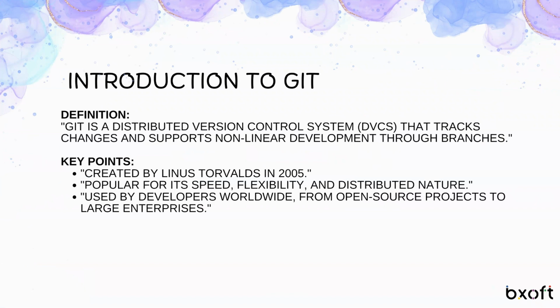Let me introduce Git. Actually, what is Git? We need to understand what Git exactly is. Git stands out because it's incredibly fast, flexible, and works well for non-linear development workflows.